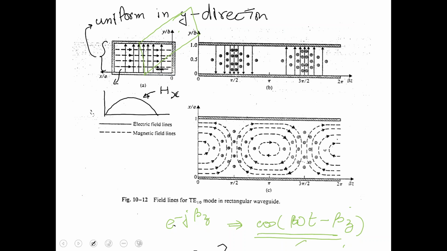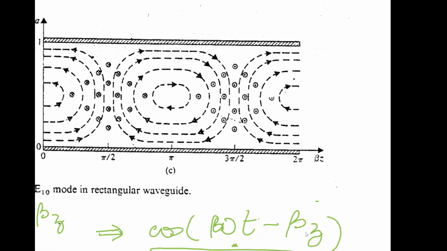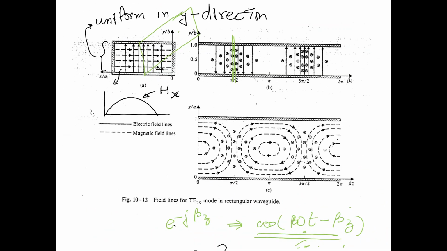So the field amplitude is going to be maximum here, then it is going to decrease to 0 after π/2, and then it is going to increase as cos(ωt − βz) changes, and then increase further up.